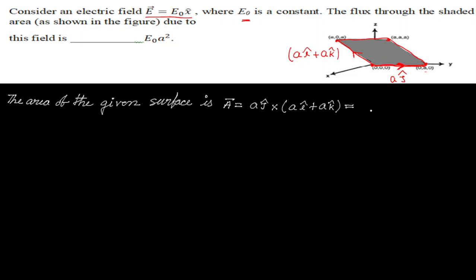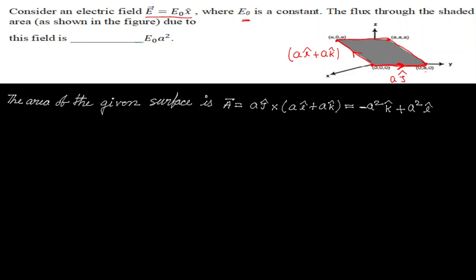When you take the cross product of j cap with i cap, that will give you minus k cap. So it will be A square minus A square k cap, and I will take the cross product of j cap with k cap, that will give you i cap. So it will be A square i cap.